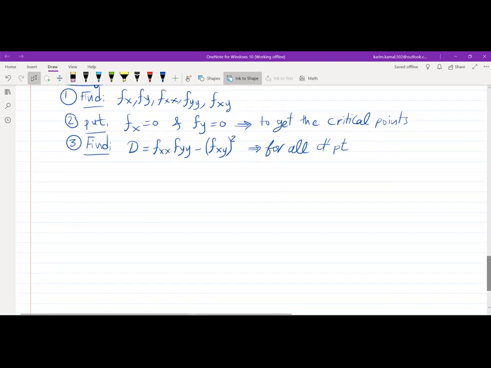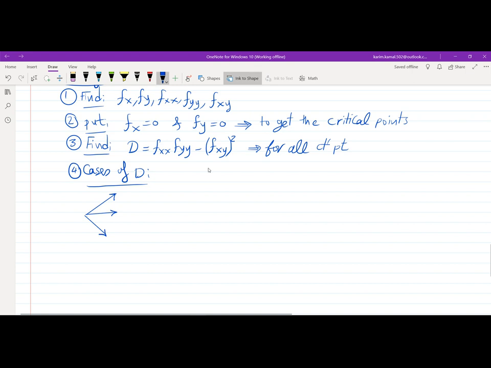Step number 4, you have to check the cases of D. For sure, D is a number, so it will have three cases.